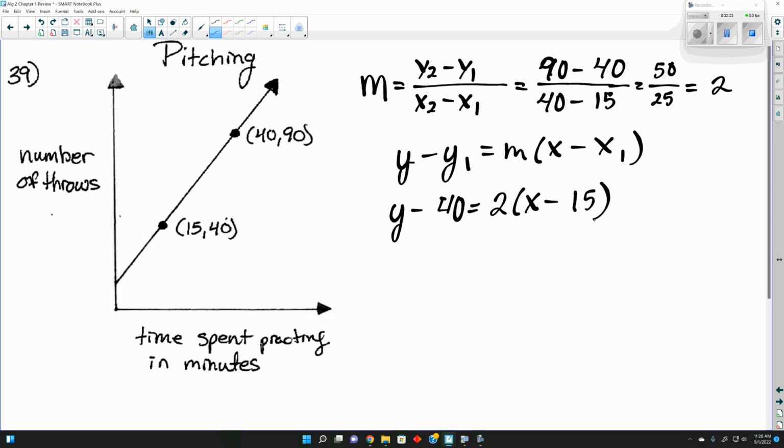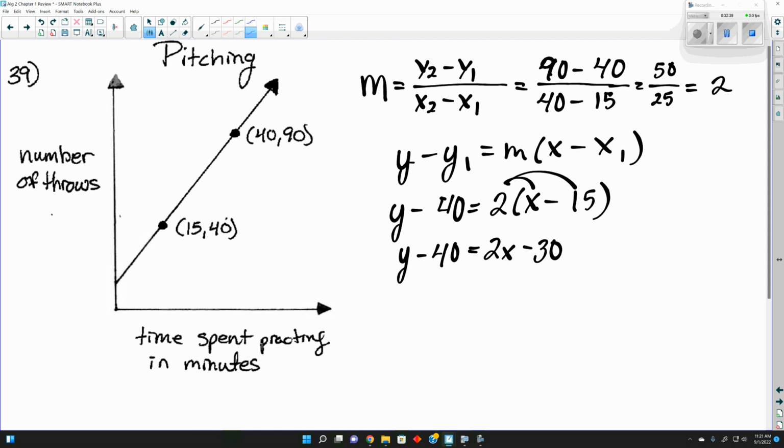Now we need to simplify this. The first thing we can do is distribute the 2. So 2 times x is 2x, and 2 times negative 15 is negative 30.